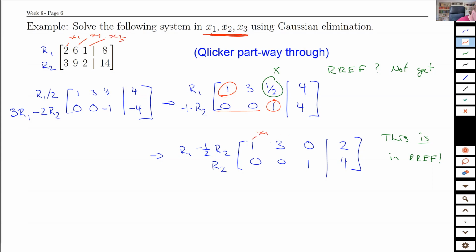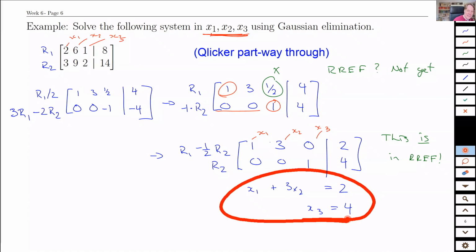So put that in here. Because this number is in the third column, it means it's the coefficient of x3. And so we can read off our answer here. I'll just translate both equations side by side. We have x1 plus 3x2 equals 2, and we have x3 equals 4.